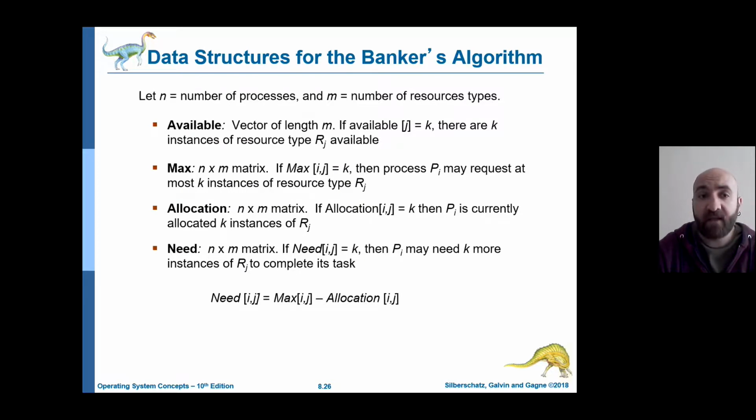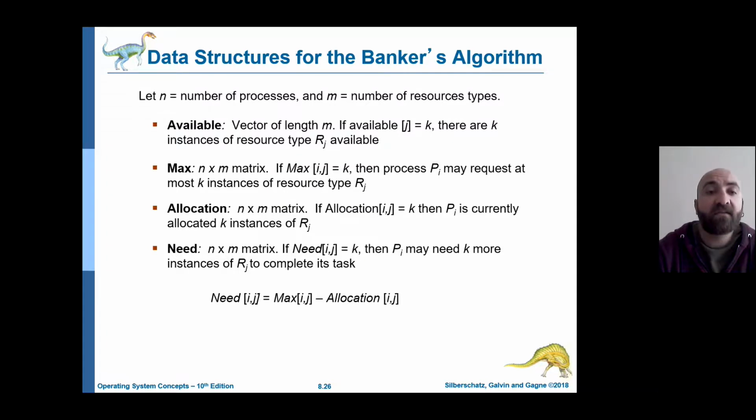Allocation is an n times m matrix that defines the number of resources of each type currently allocated to each thread. If Allocation[i][j] equals k, then thread Ti is currently allocated k instances of resource type Rj. And the last one is Need.